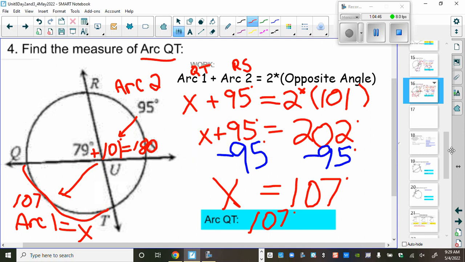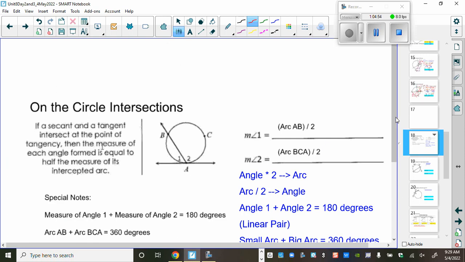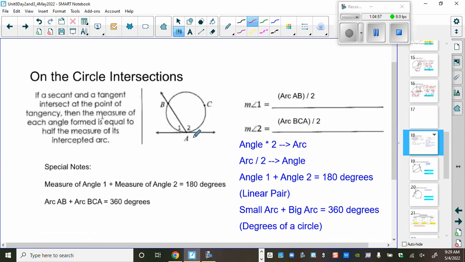All right, so real quick, we're just going to talk about the next 3 slides in a nutshell, and it's similar to before, where if your angle is right on the line between the circle, then your angle is half the arc, or your arc is double the angle.